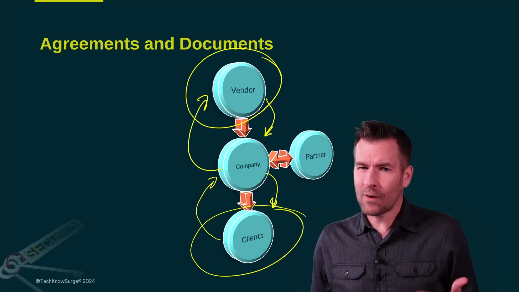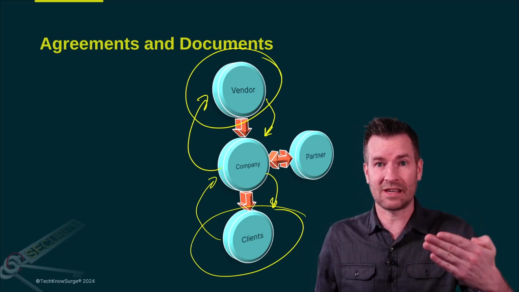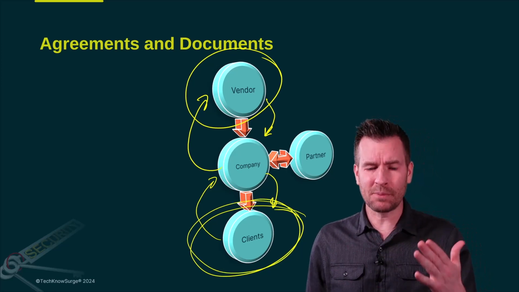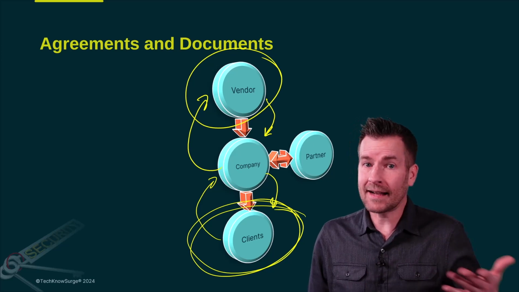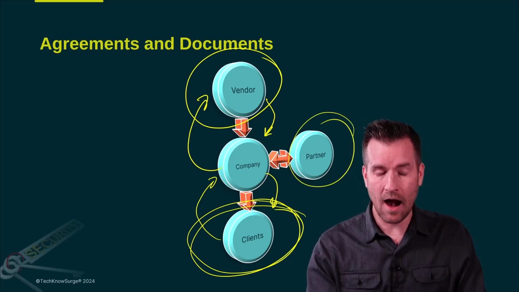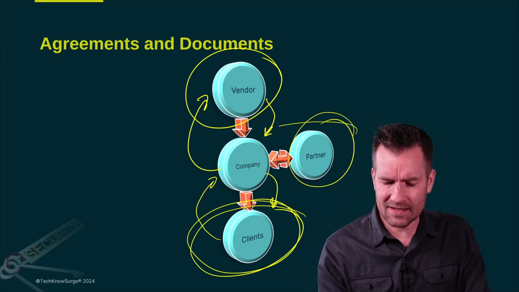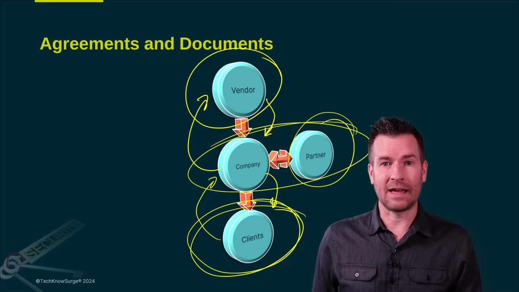So really when we're talking about assessing vendors and making sure that they're secure vendors, we're also going to have a very similar process for how our clients view us and approach us. Not to mention also partners, since our company might partner with other businesses, and what this looks like from a partner standpoint. So we're going to tackle it from all angles here.